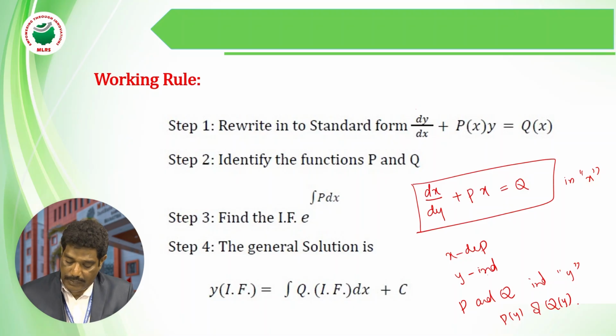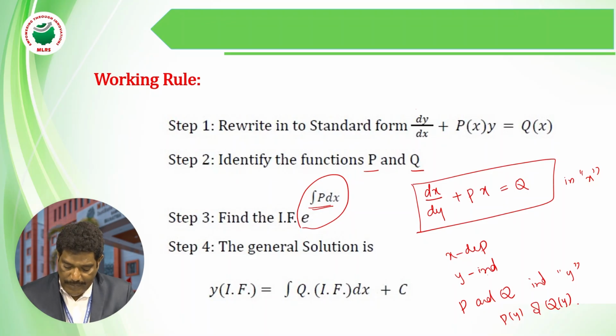Right? After identifying the functions p and q, the third step is to find the integrating factor. The integrating factor is e to the power of the integration of p dx. Just find the integration and you will get e to the power of something; that will be the integrating factor.